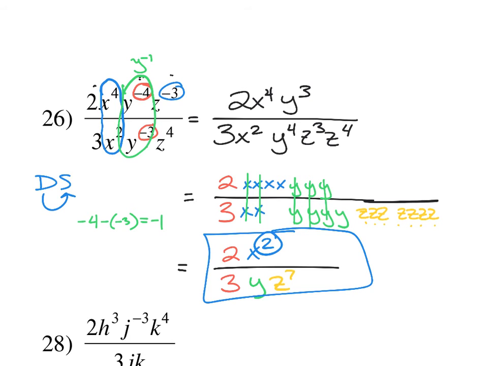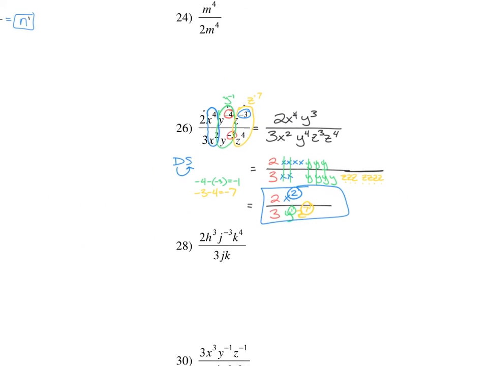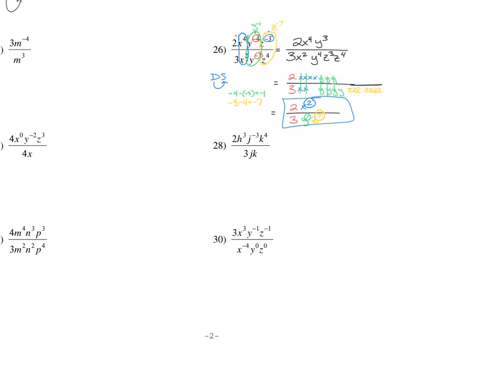It needs to go in the denominator with a power of 1. And if we look at the z's, again, we're going to have -3 minus 4, which is a -7. Instead of z to the -7 being in the numerator, I move it and change it and put it in the denominator. So the rules make sense, but if you need to write these things in expanded form for it to really make sense to you, do it. Use the expanded form for all of these rules to make it make sense to you.